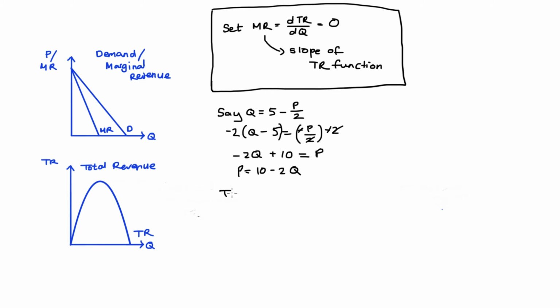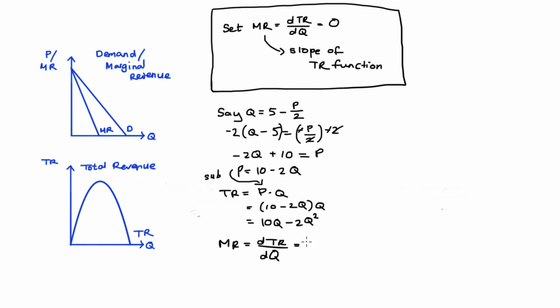Now total revenue is equal to P times Q. What we can do is substitute our inverse demand function in for P. Then total revenue is equal to (10 - 2Q) multiplied by Q, which is 10Q - 2Q². If we take the derivative of this function, we get our marginal revenue function, 10 - 4Q.